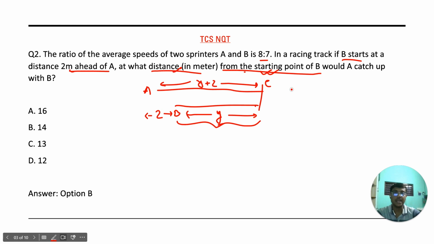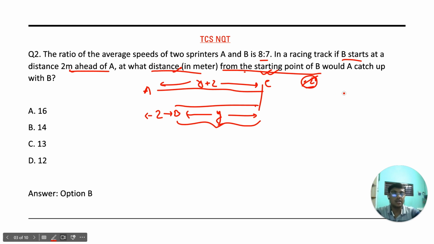But when using A to C as y, after we get the value of y, we have to subtract 2 from it to get our answer. This step may go out of our mind and could lead us to a wrong answer. So better we use B to C as y and A to C as y plus 2.